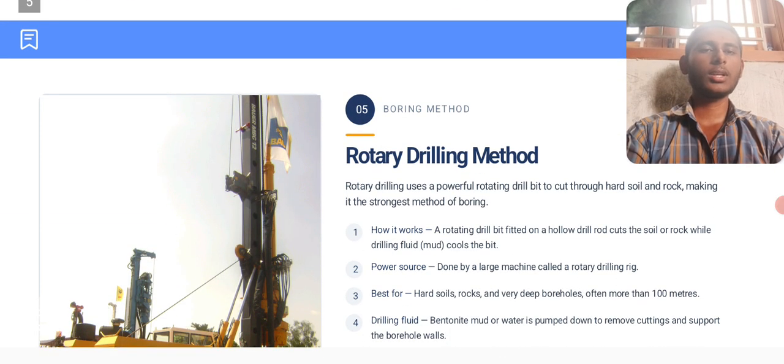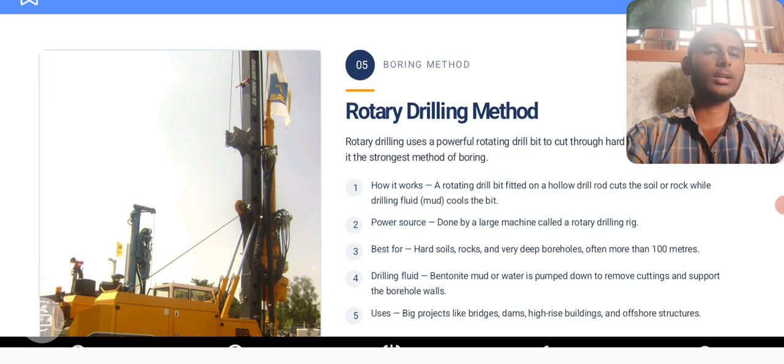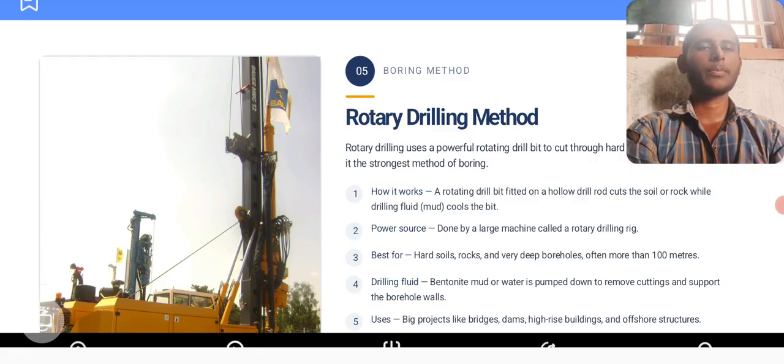And next, rotary drilling method. In the rotary drilling method, a powerful rotating drill bit is used to cut through hard soil and rock, making it the strongest method of boring. It works as a rotating drill bit fitted on a hollow drill rod cuts the soil or rock while drilling fluid cools the bit.